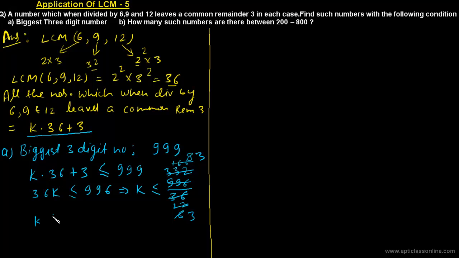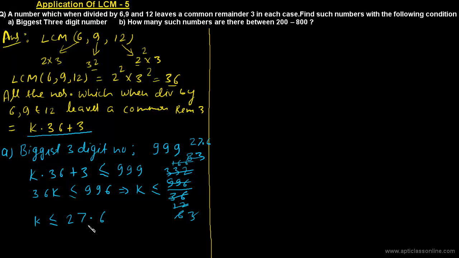So the value of k is less than or equal to 83 by 3, that is 27.6.